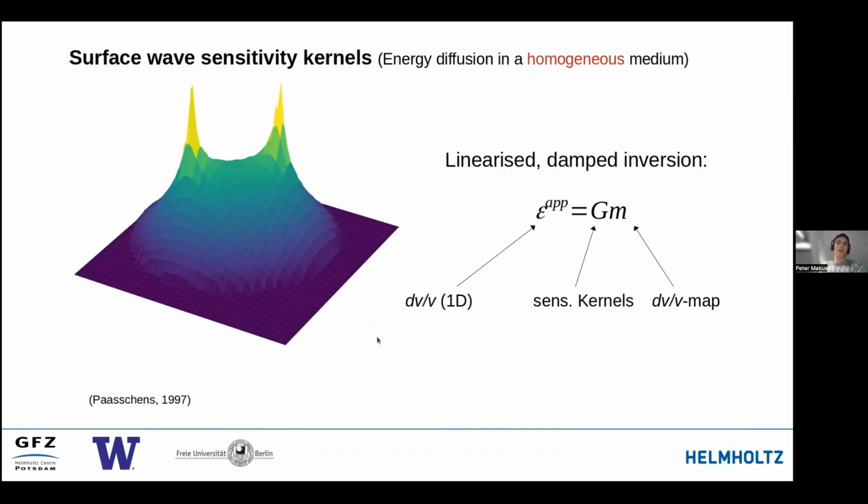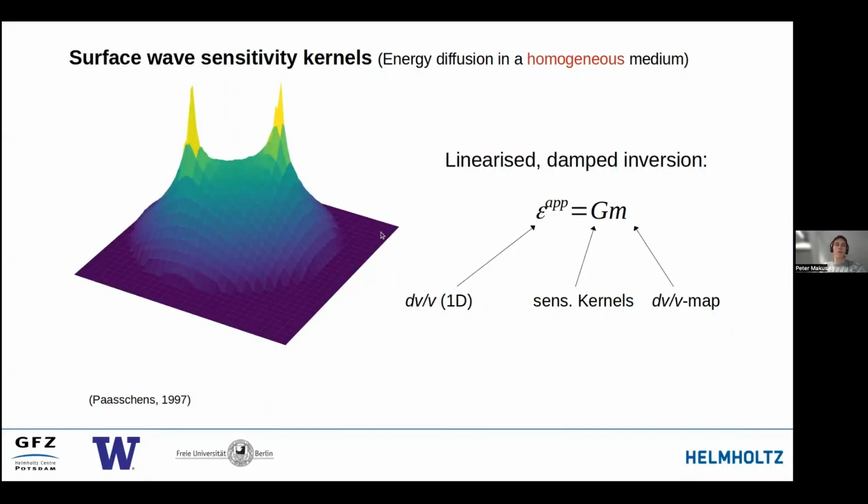So this is basically a measure of energy diffusion within a homogeneous medium. And you can imagine if we have two stations here and we measure velocity change between them, then this would basically give us the likelihood of where this velocity change is coming from, or how this velocity change is distributed in space.